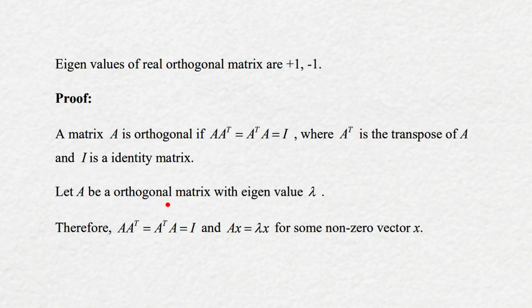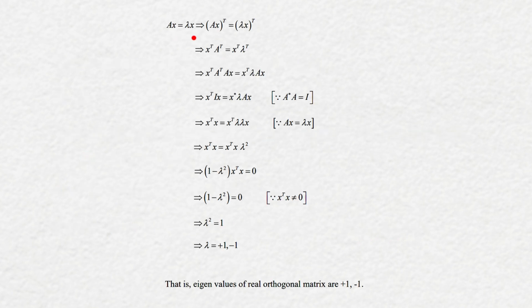Let A be an orthogonal matrix with the eigenvalue lambda. So, what is the definition of an orthogonal matrix? A transpose A equal to I. What is the definition of eigenvalue lambda? Ax equal to lambda x for some non-zero vector x. Now, Ax equal to lambda x, I can take transpose on both sides, that is (Ax) transpose equal to (lambda x) transpose.